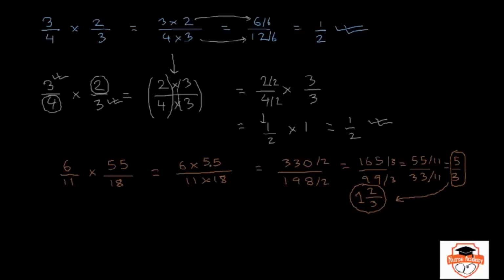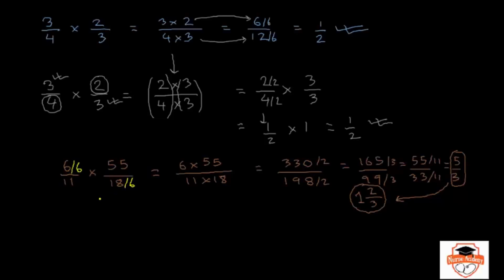It involves several steps, some decent multiplication and division. But look what happens if you prefer to go the other way. If you start with 6/11 times 55/18, keep in mind that you can simplify any number or any factor from the numerator, I call it the numerator scheme, with any factor from the denominator scheme. So you can easily figure out that 6 can divide 18, so you can divide this with 6 and this with 6.